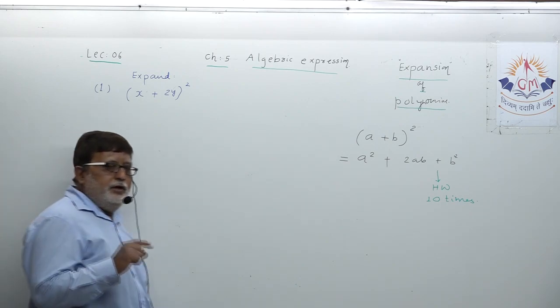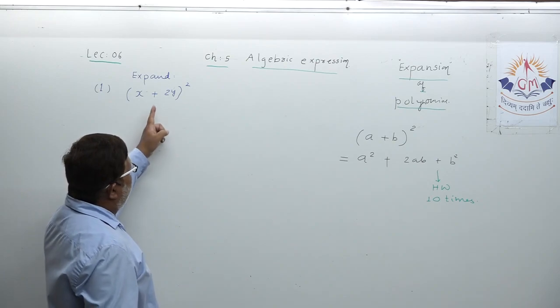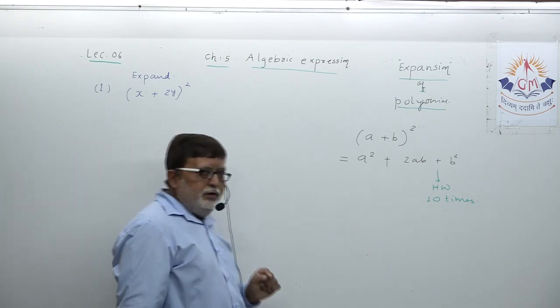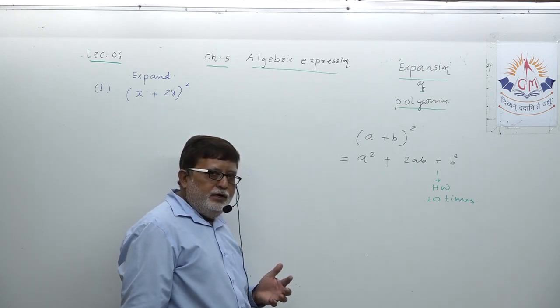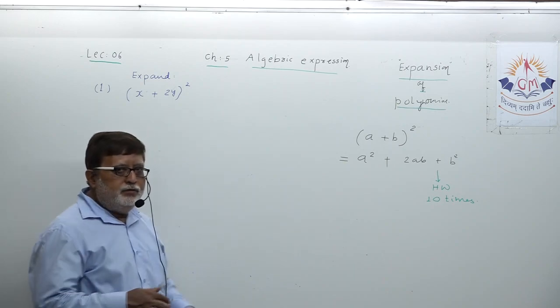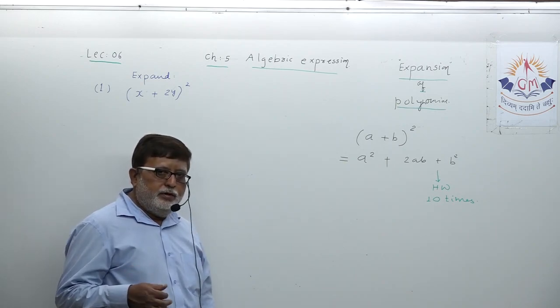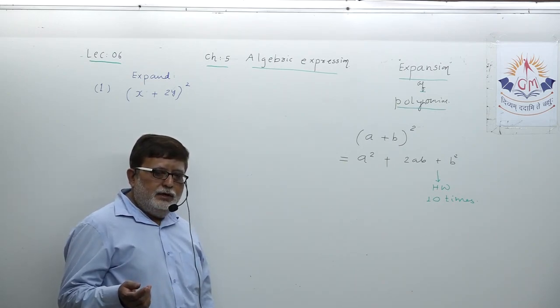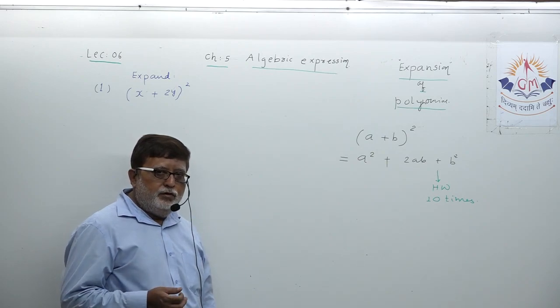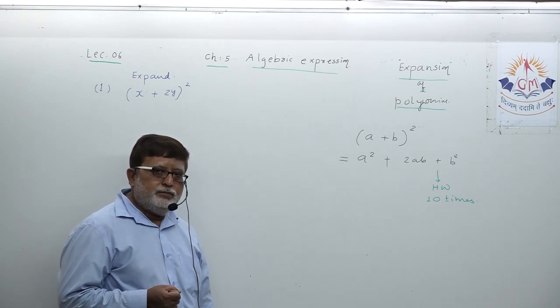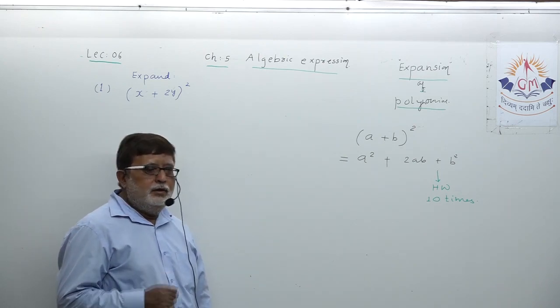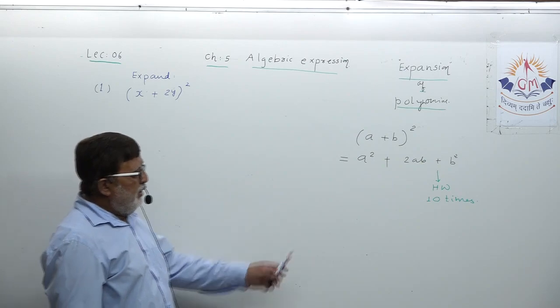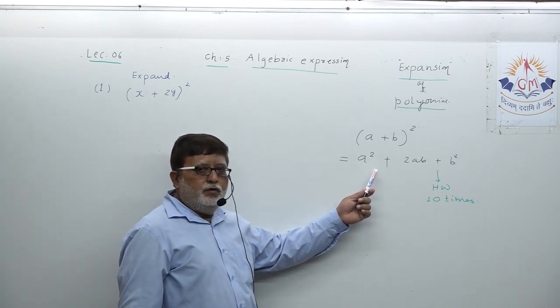What you first have to do, as I told you, because this is just the first formula you are learning, as we move ahead in this chapter there will be different formulas of expansion. How can you be sure that you have to apply this particular formula?